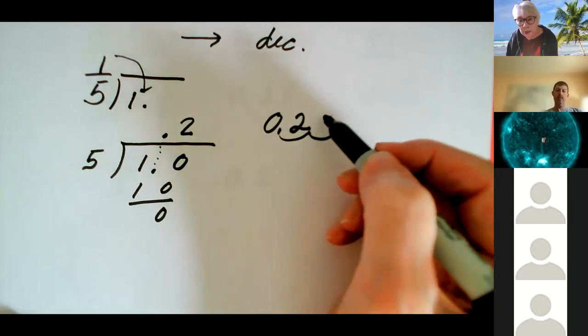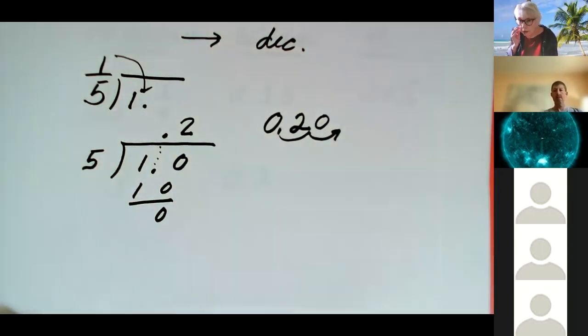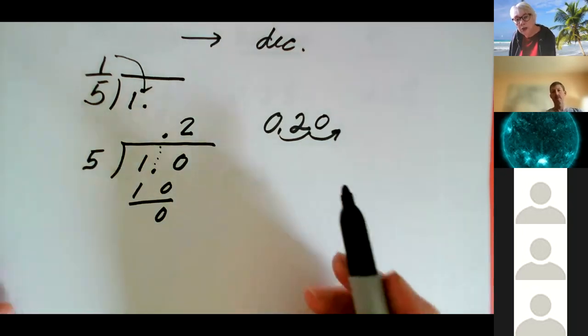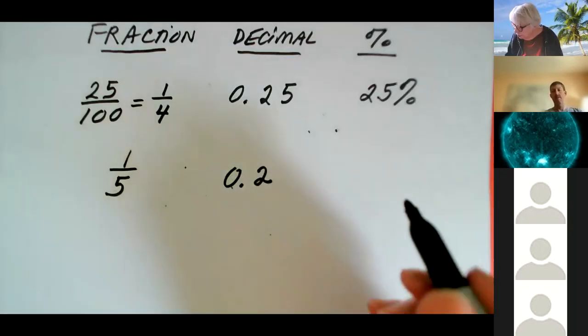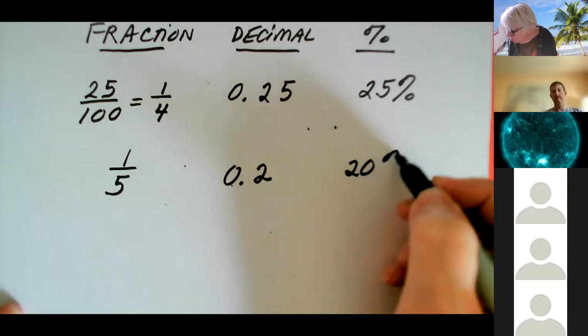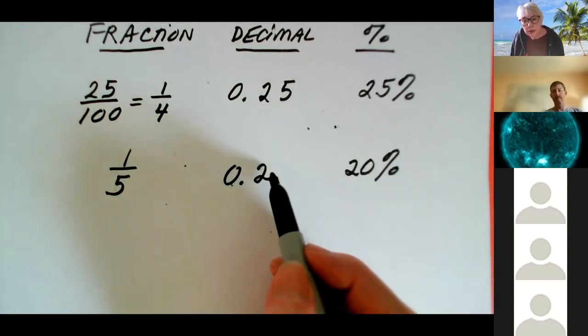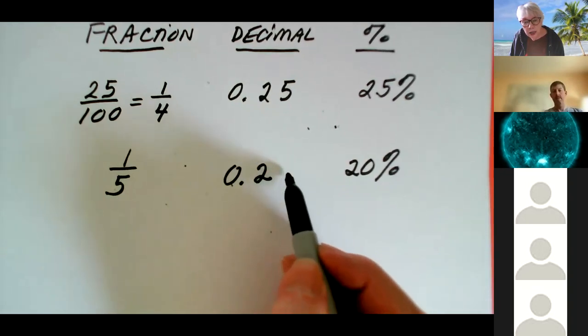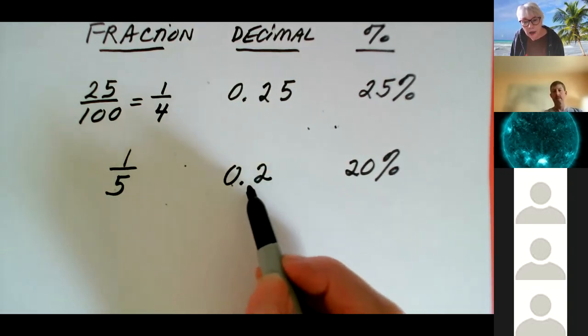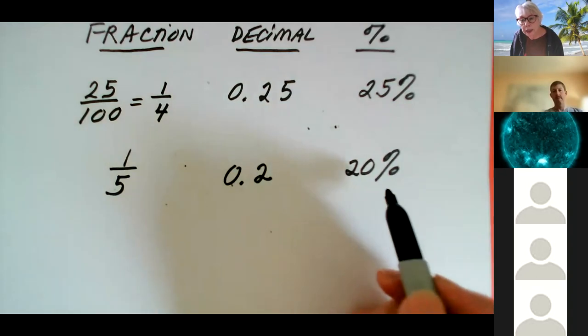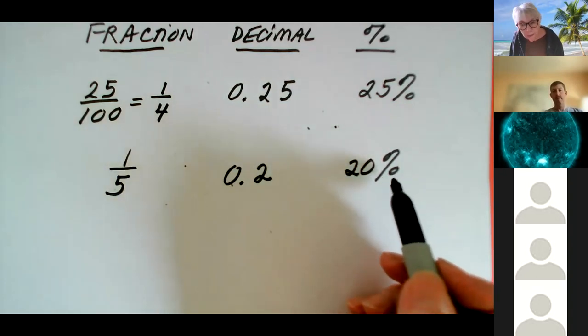Now notice there's a placeholder here, and so I'm going to have to add a 0. So this is 20%. Okay. So this 0 could have been left here. I didn't, but I went 1, 2, and it's now 20%.